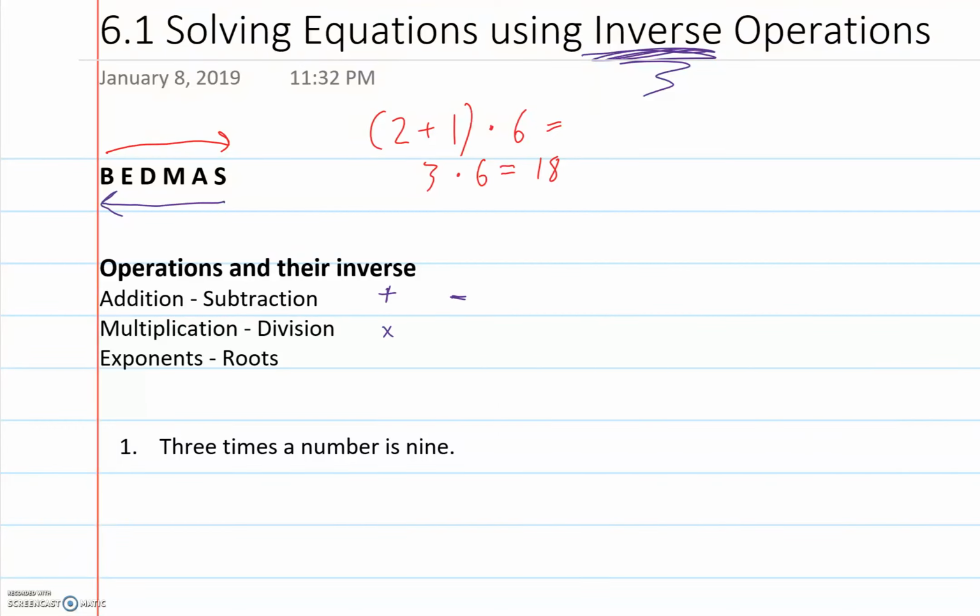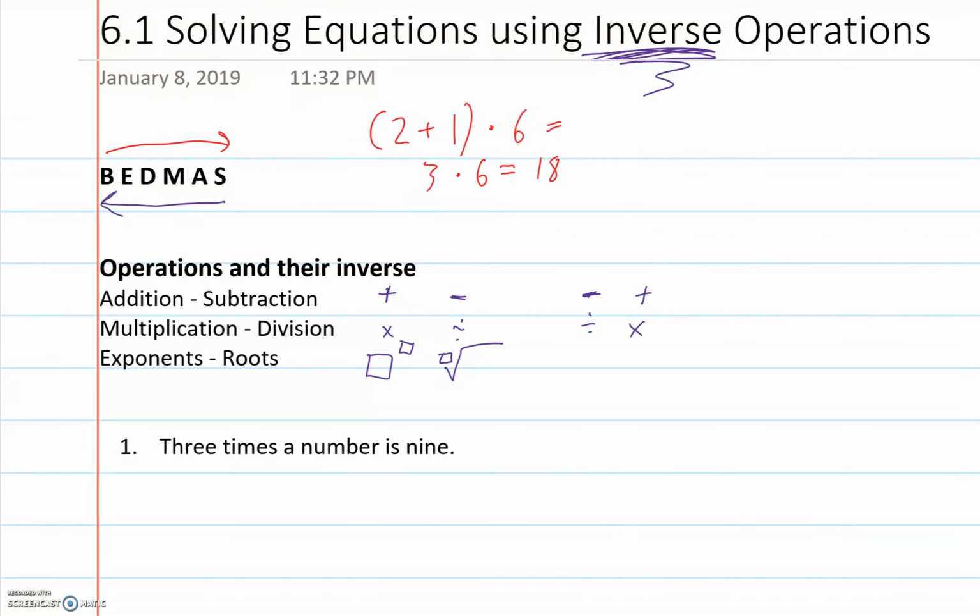If you have multiplication, the opposite is division, and the same goes the other way around. The opposite of subtraction is addition, the opposite of division is multiplication. And the opposite of exponents, so I'm just going to draw boxes for this, is a root.